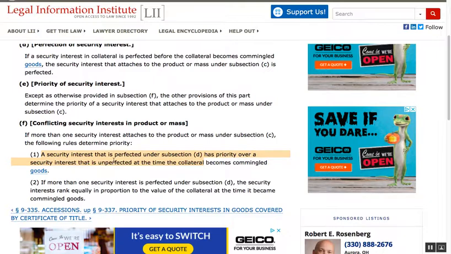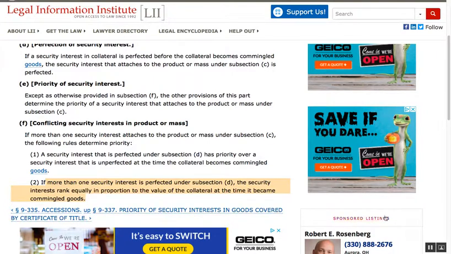Well, we arrived at that just through the general rules, but okay, it's making it clear here that if you're perfected, you defeat the unperfected security interest. Good. Now, if more than one security interest is perfected under subsection D, the security interests rank equally in proportion to the value of the collateral at the time it became commingled goods.